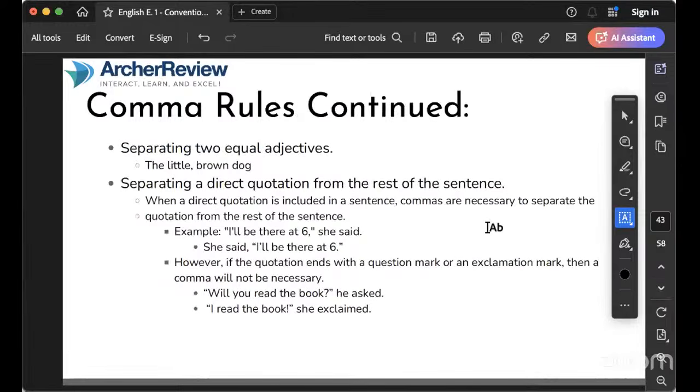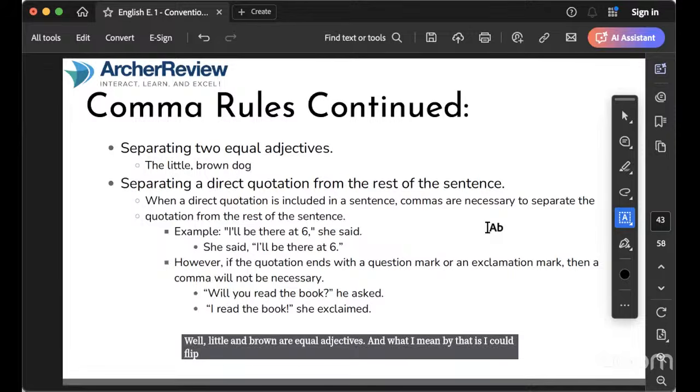Now, here's one that a lot of people forget about or don't know about. If you have two equal adjectives that are being used to describe a noun, you must separate those adjectives by using a comma. So, for example, if I say the little brown dog, well, little and brown are equal adjectives. And what I mean by that is I could flip them around. I could say the brown little dog, and it still essentially means the same thing.